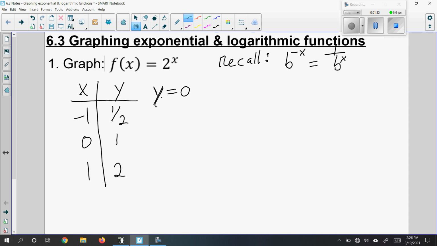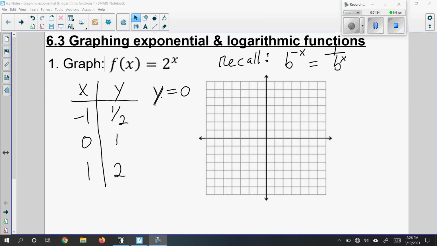Okay, so let's graph. This exponential function has a horizontal asymptote at y equals 0, and that's right along the x-axis. So we'll plot the points -1, 1/2, 0, 1, and 1, 2.